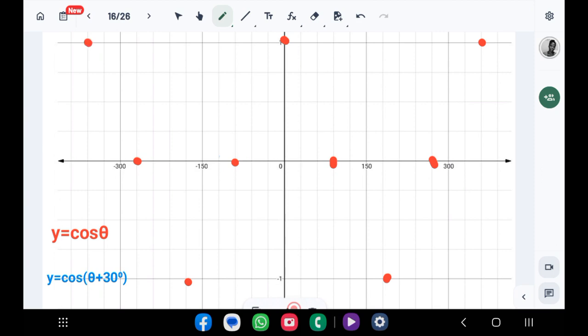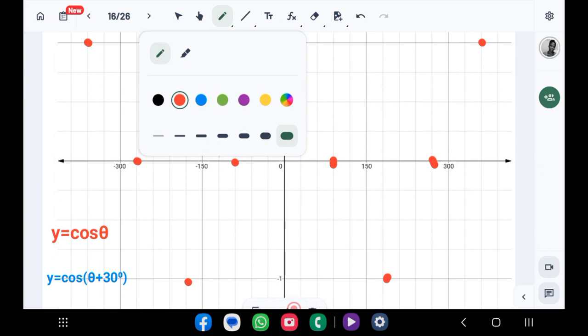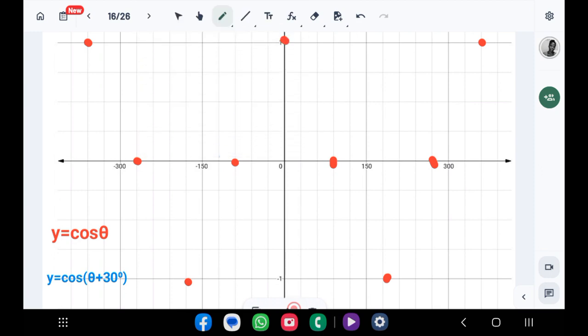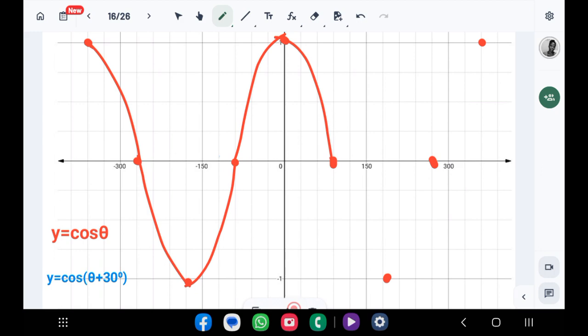And then we join them together. Let's join the points together. And that is how you join them together.